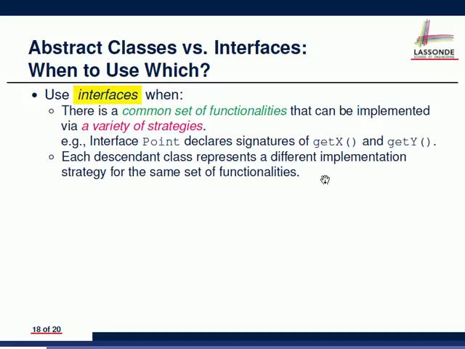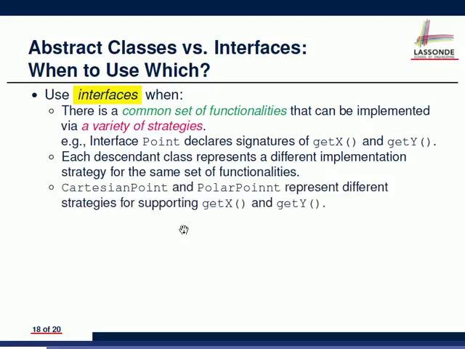Each descendant class has a different implementation strategy, either polar or Cartesian. They're completely different. That's about interfaces. The key thing to consider is that you have a common set of methods to be implemented in a variety of different ways. Then that means you use an interface. No sharing. They only share the signatures.